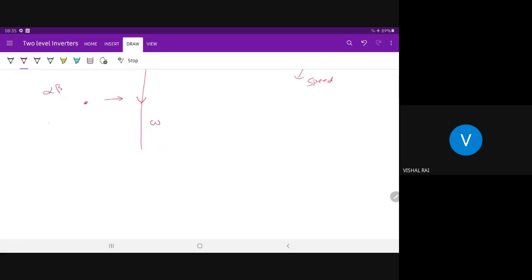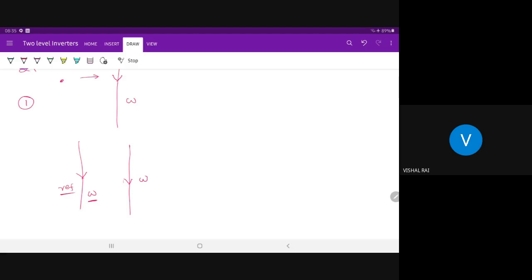That means you are observing from a stationary point. So here also it is omega, but you are also moving at omega speed. Okay, so this is the reference point. So you are also moving at omega speed. So how does this look? Stationary. It looks like some stationary point, right?